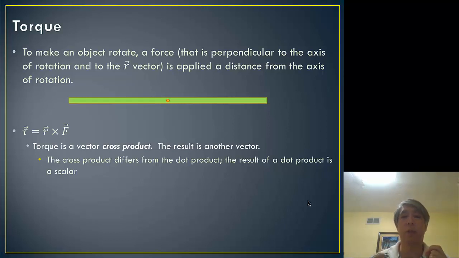Officially, torque is the r vector crossed with the F vector. The cross product differs from the dot product. We talked about the dot product earlier, but the result of a cross product is another vector, whereas the result of a dot product was a scalar.